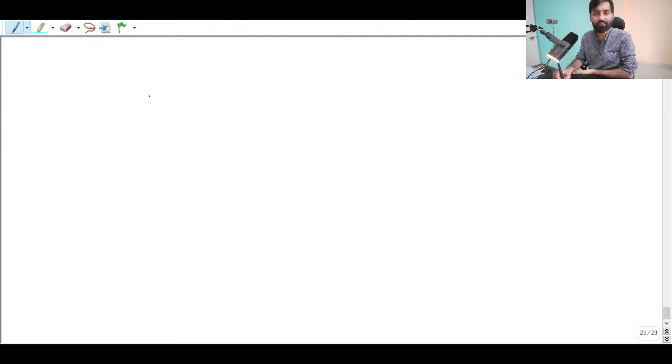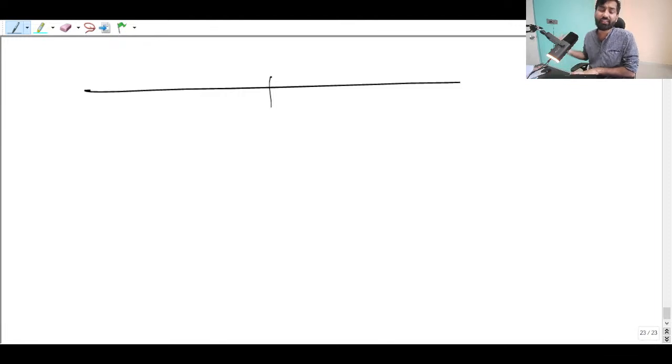VTH is, you can say, 1.5. So if what you send falls in this area, you will be decoded as 1, and if it falls in this area, it is decoded as 0.